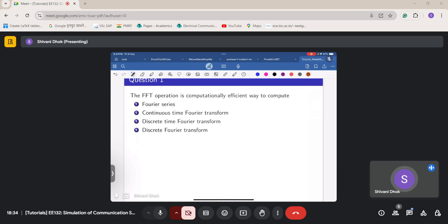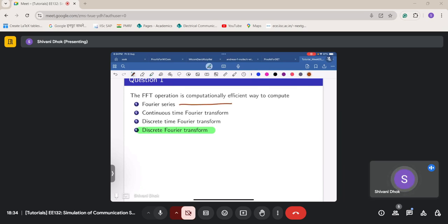The first question here is: the FFT operation is computationally efficient to compute Fourier series, continuous time Fourier transform, discrete time Fourier transform, and discrete Fourier transform. In principle, FFT is a faster way to implement the discrete Fourier transform.